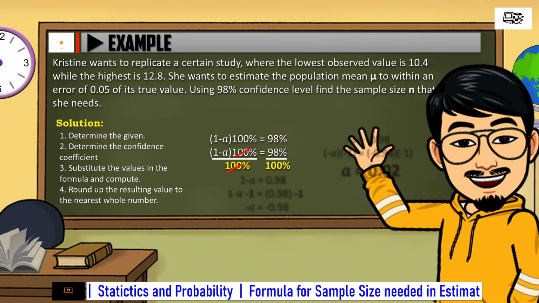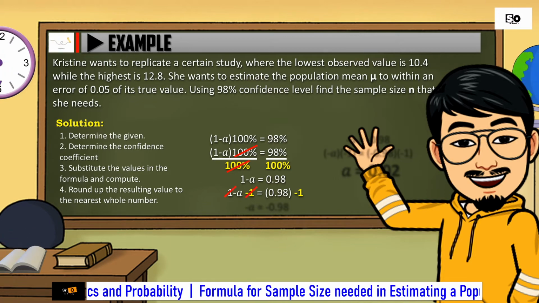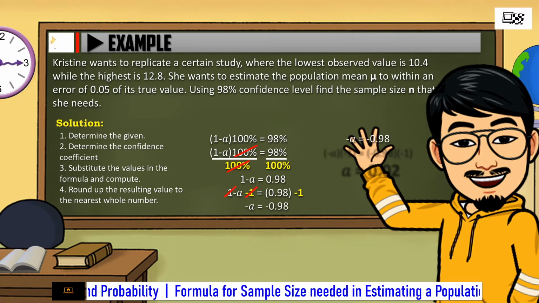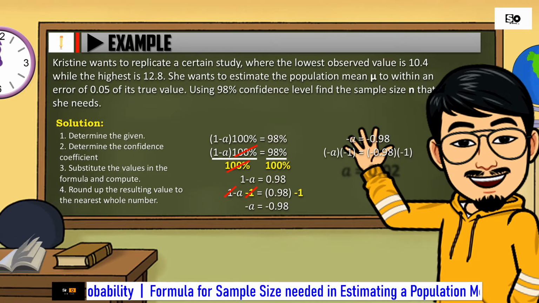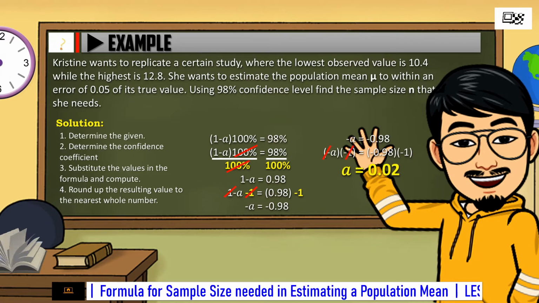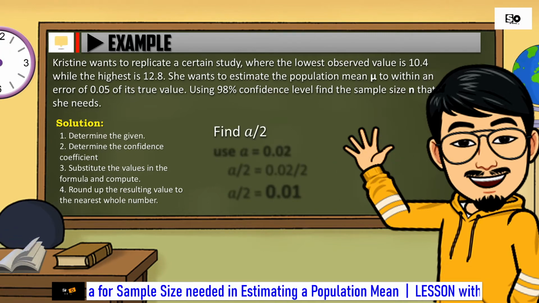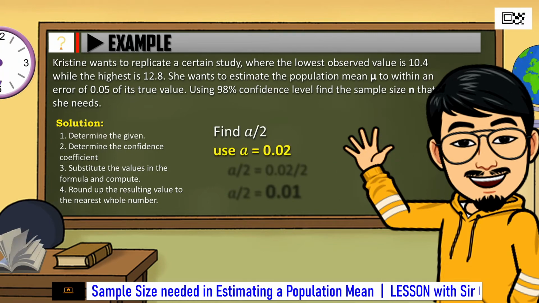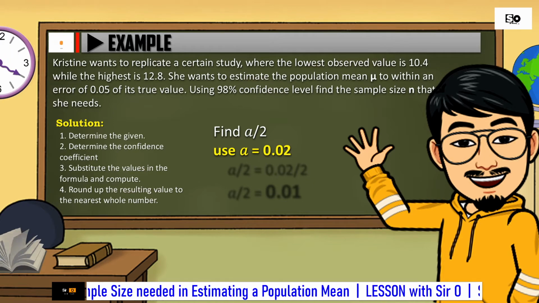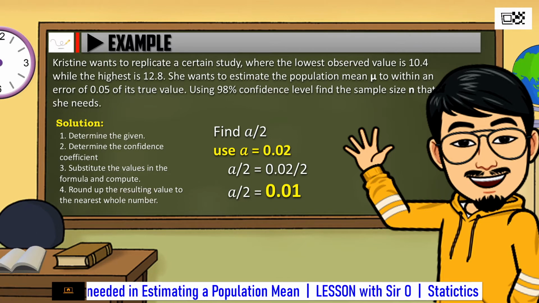Solving for alpha, in this example, we have alpha equal to 0.02. Next step is to find alpha over 2. We will use alpha equal to 0.02. Therefore, alpha over 2 is equal to 0.01.